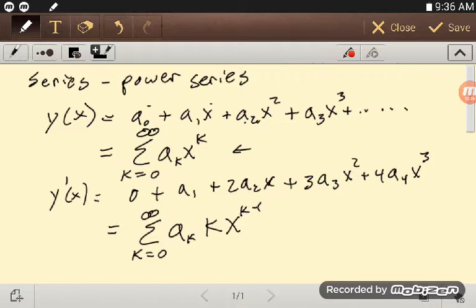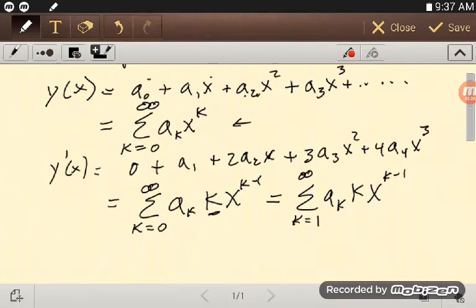Now, technically that's correct, because notice when I have k equals 0, I'll get a0 times 0, so I'll get a 0 just like I did before. But since that first term is 0, I don't actually need it, so I could just start my summation at k equals 1 to infinity a sub k times k times x to the k minus 1.